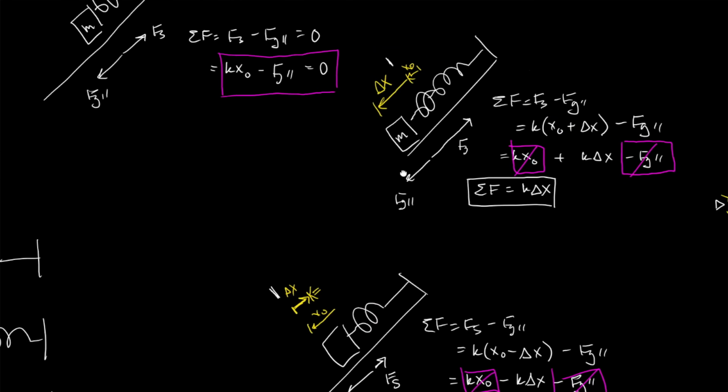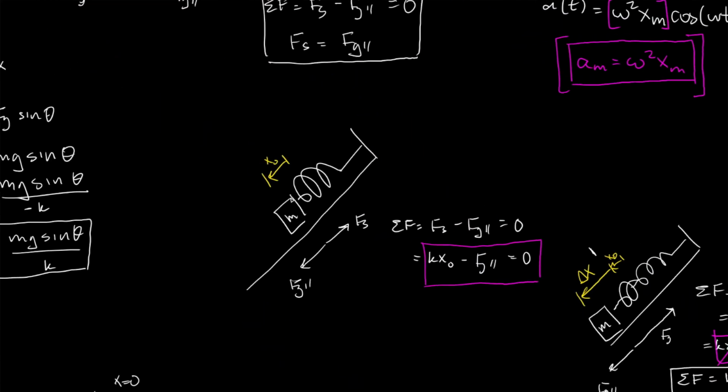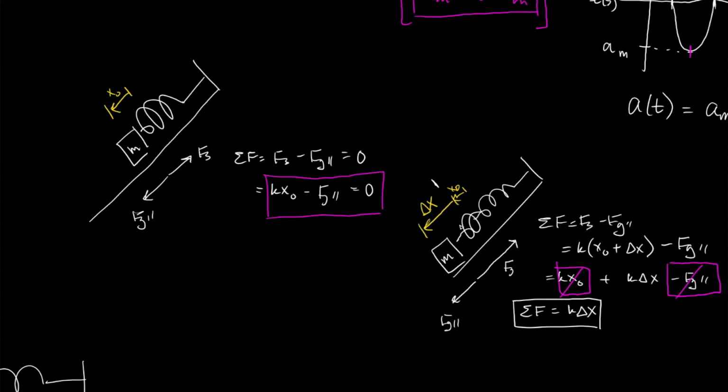So right here at equilibrium, we might say we have 0 gravitational potential energy, but we do have some spring potential energy. And then here we lose some gravitational potential energy and we gain some spring potential energy.